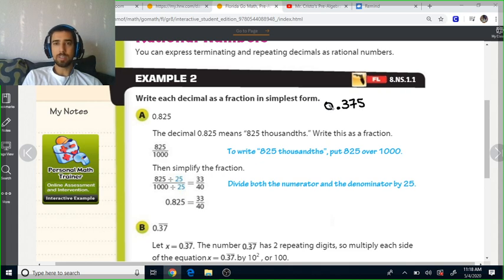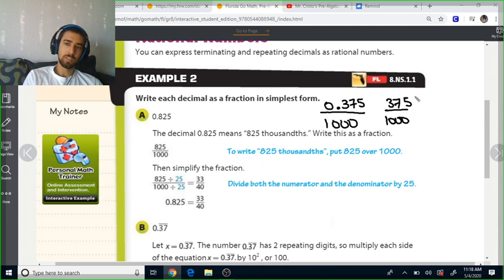The last number is in the tenths, hundredths, thousandths place, so you divide it by 1,000. Then you need to find a number that they both have in common, which in this one case is going to be 25. You can divide them both by 25.